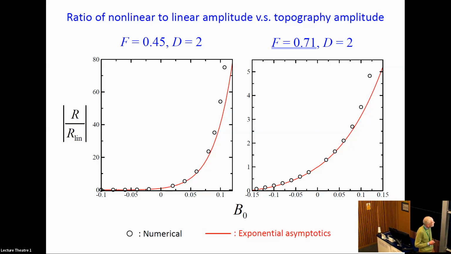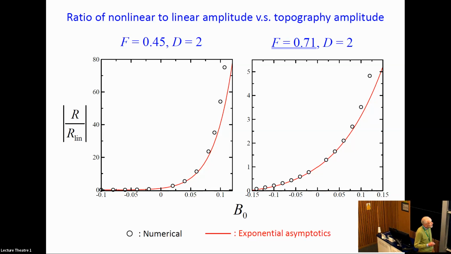So you see the ratio for positive forcing for this Froude number shoots up to 80 here. And even when the amplitude is 0.1, so yeah, the exponential asymptotics is doing a pretty nice job. And it's, of course, minute for negative forcing.